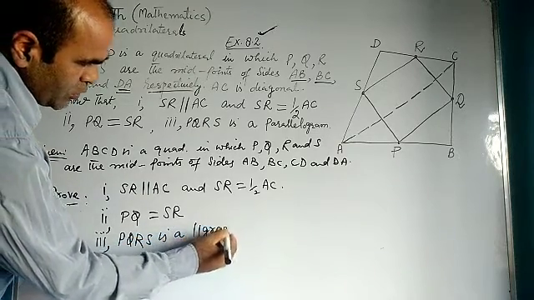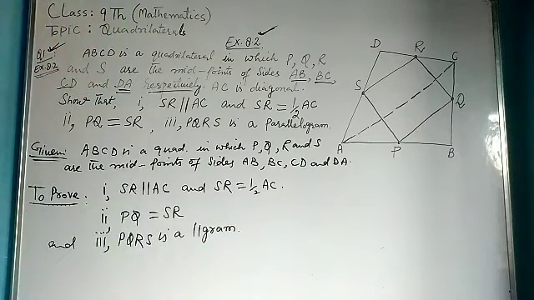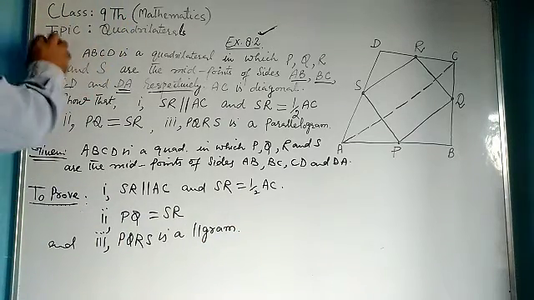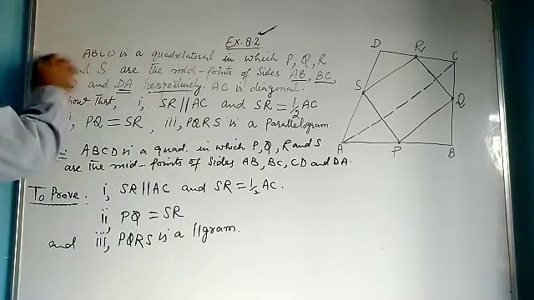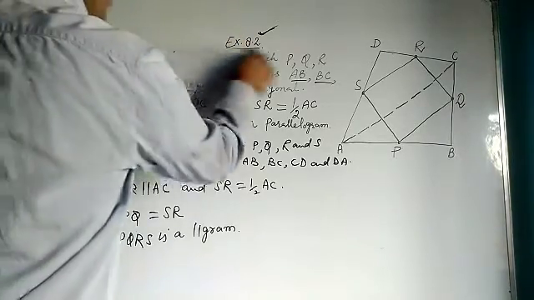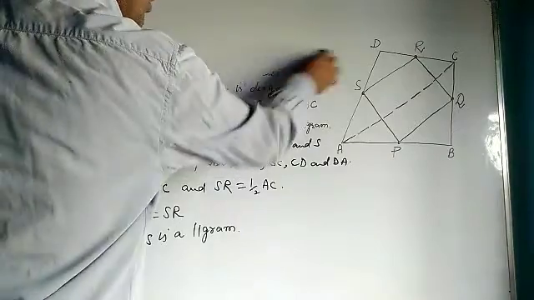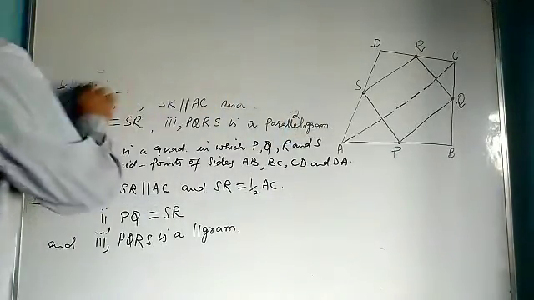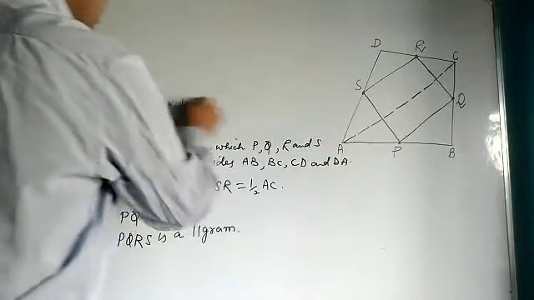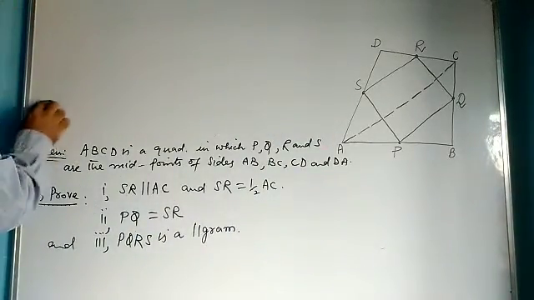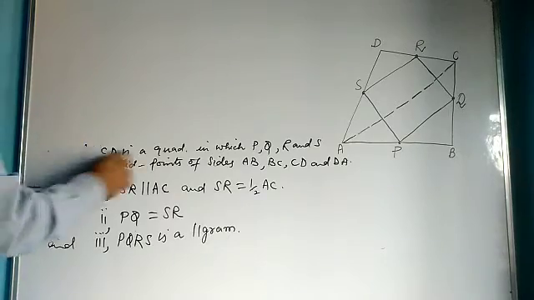So we have to prove this. Now attention here, very simple. We know by the midpoint theorem, when a line joins the midpoints of two sides of a triangle, it is parallel to the third side and half of it. So we know this.